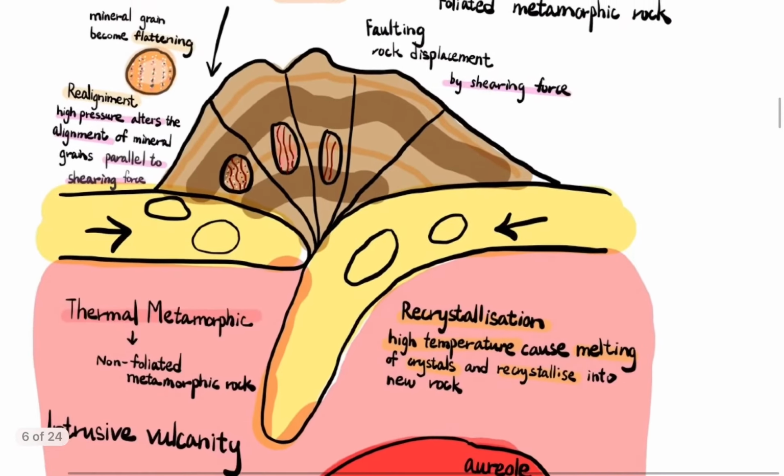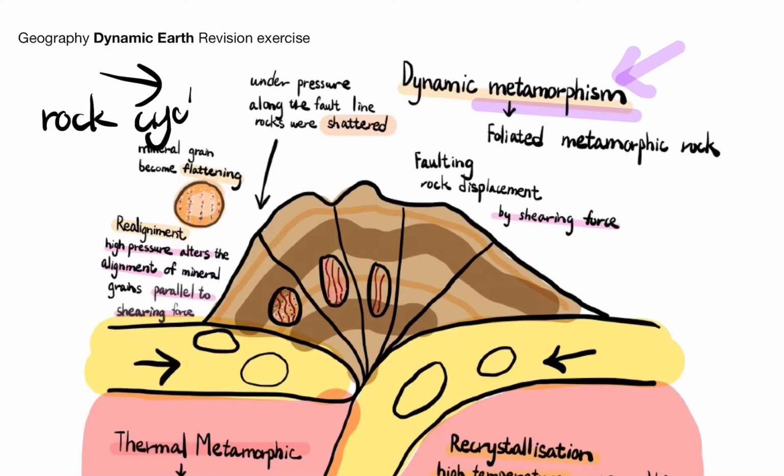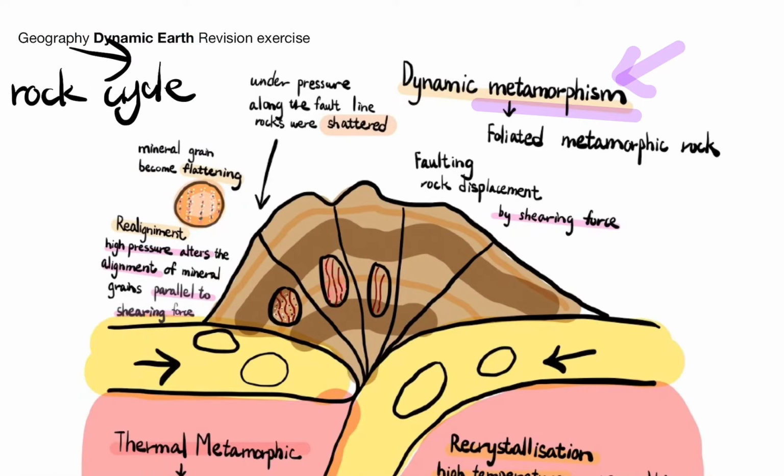Okay. After that, I will go through the metamorphic rock. It is not significant in Hong Kong, but still we need to learn it because this occurs in the rock cycle. Rock cycle is so important. It occurs in the essay in previous 2015.